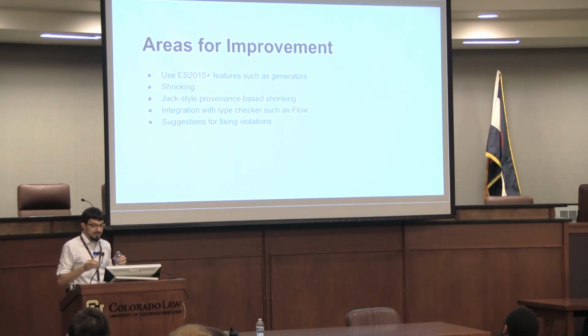Shrinking is commonly found in other property testing libraries. It minimizes a counterexample after you find one, so that it's easier to understand the counterexample. And some other JavaScript property testing libraries have integration with the Flow type checker, which is really convenient.